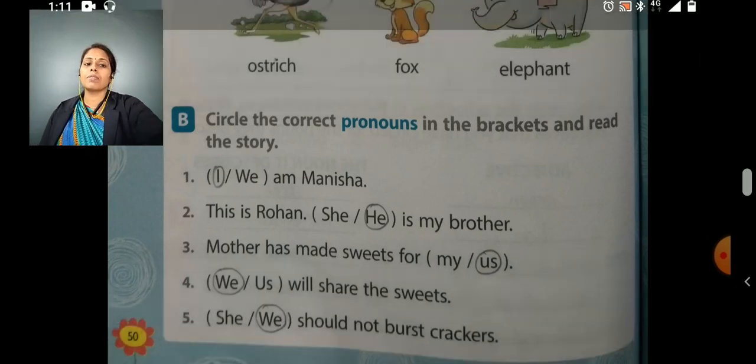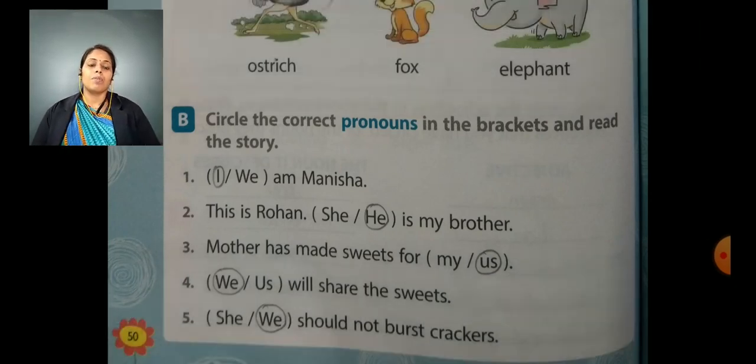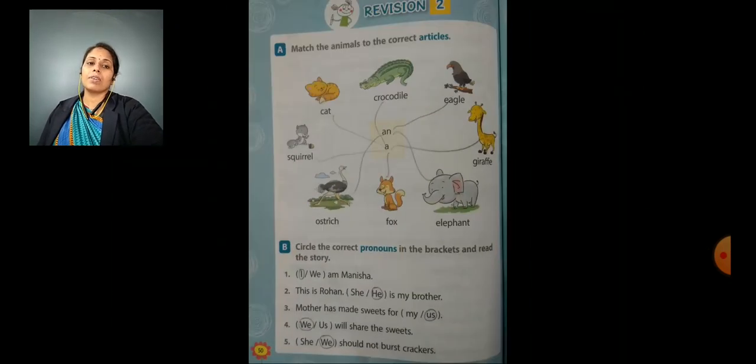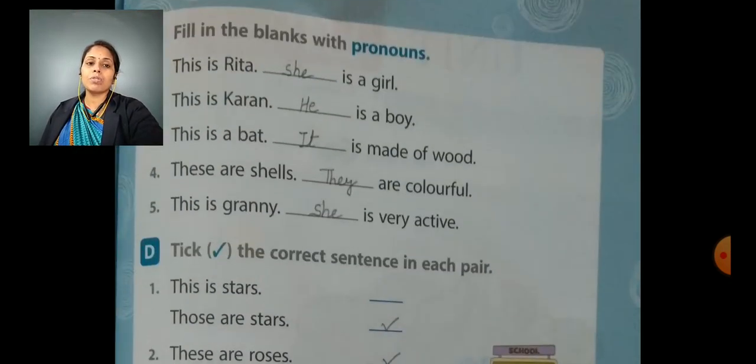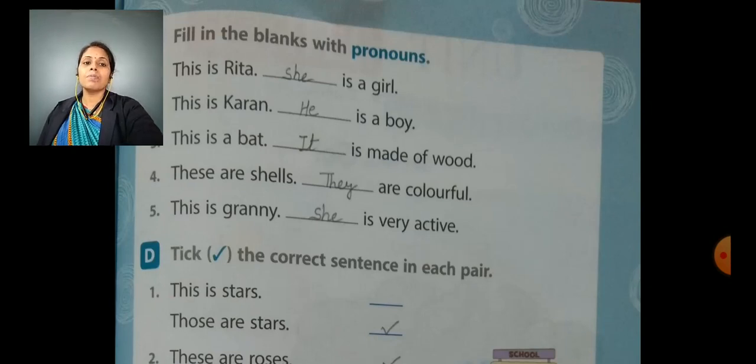We should not burst crackers, because we are small kids. हमें पटाखे नहीं जलाना चाहिए क्योंकि हम बहुत छोटे बच्चे हैं. And if you want to use crackers, then use them with your parents or elders, but don't use them alone.